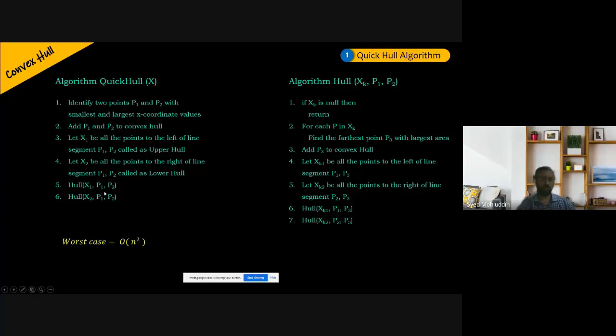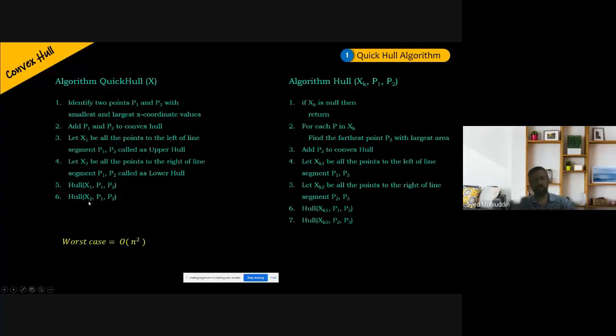Then recursively we call the hull algorithm, passing X1, that is the subset of points lying in the upper hull, or the left segment, and we call the hull algorithm passing X2.